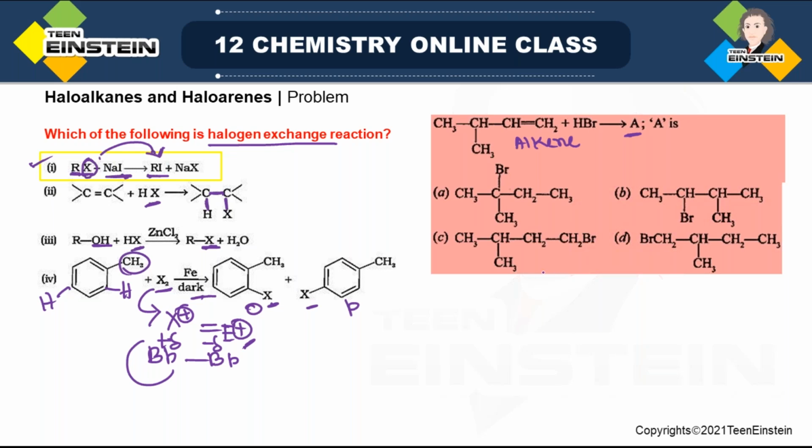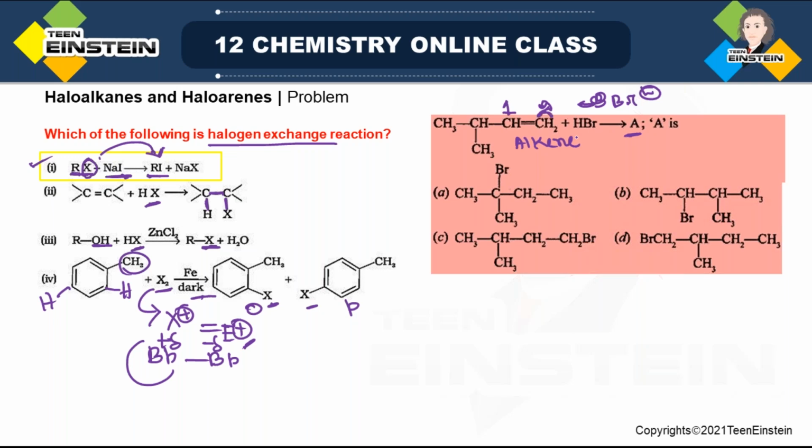The rule says that the negative part of the reagent, that means the negative part in our case is Br minus, will be added to that carbon which contains the lesser number of hydrogen. So if I am marking this carbon as 1, this is 2, obviously carbon number 2 contains a lesser number of hydrogen, so Br should be added to that carbon.